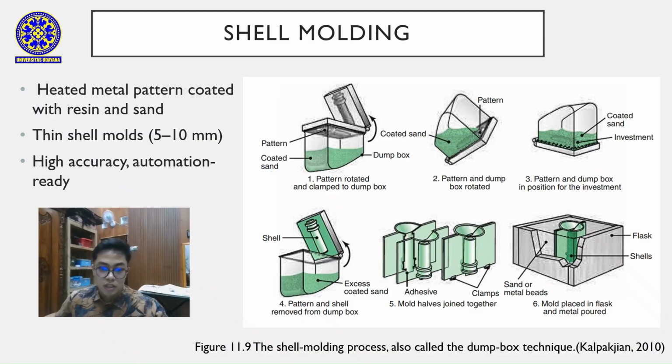The hardened shell is then removed from the pattern. Two mold halves or shells are joined together, often with adhesive or clamps, to form the complete mold. Finally, the mold is placed in a flask, often supported by sand or metal beads, and is ready for the molten metal to be poured.